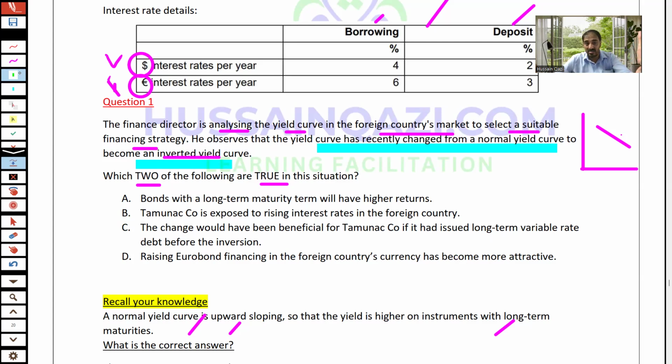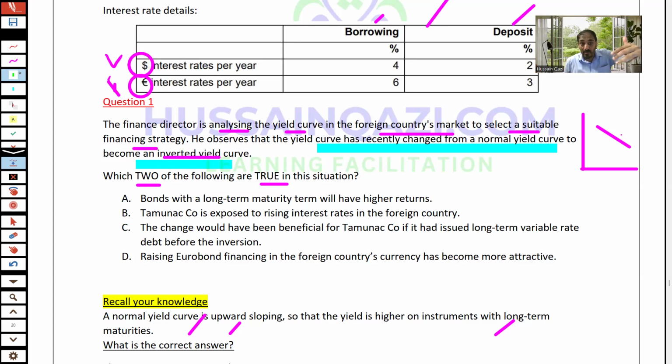In this scenario, bonds with long-term maturity with higher return. Is this statement true?